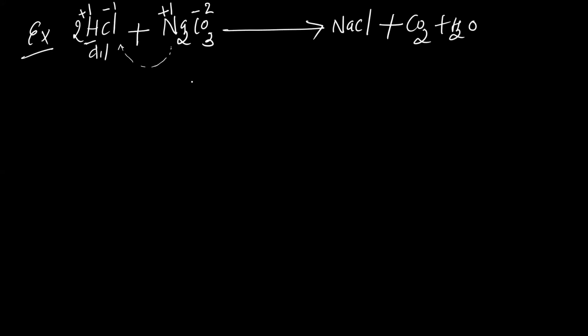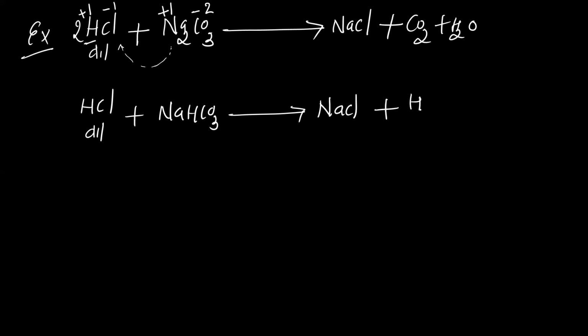Now, how can you confirm? We can take two more examples, then we will write the detection of carbon dioxide gas. Suppose I take the bicarbonate. Same acid, dilute HCl plus sodium bicarbonate, or sodium hydrogen carbonate, will give the same thing: sodium chloride plus water plus CO2 gas.